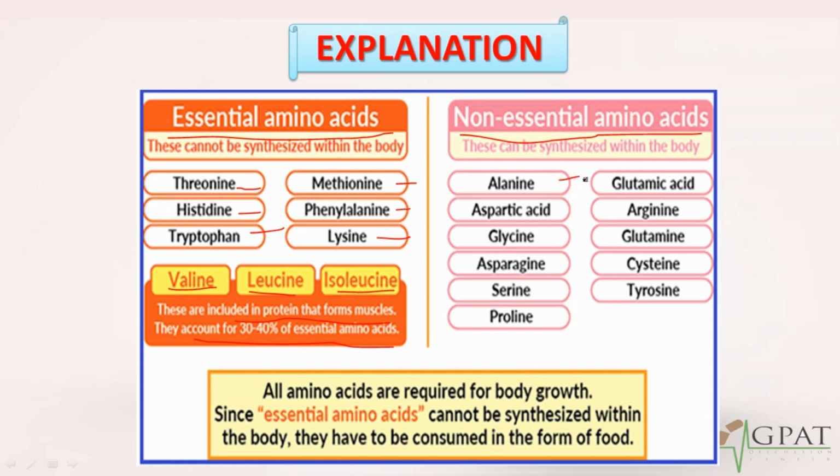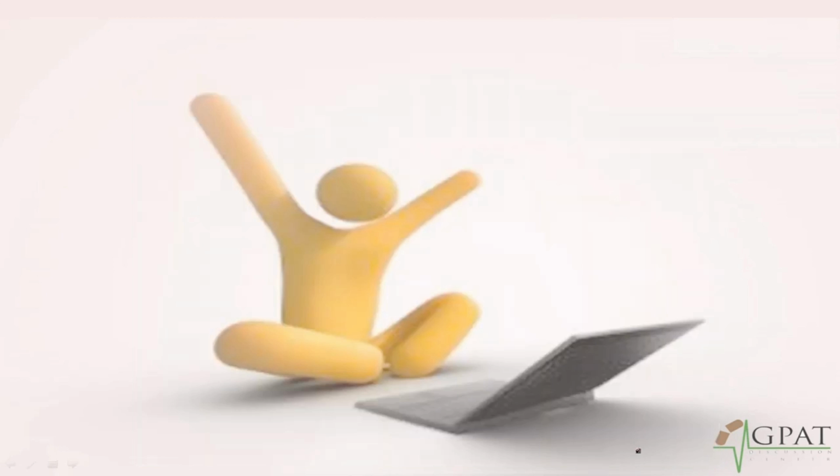These are alanine, glutamic acid, aspartic acid, arginine, glycine, glutamine, asparagine, cysteine, serine, tyrosine and proline. All amino acids are required for body growth. Since essential amino acids cannot be synthesized within the body, they have to be consumed in the form of food.